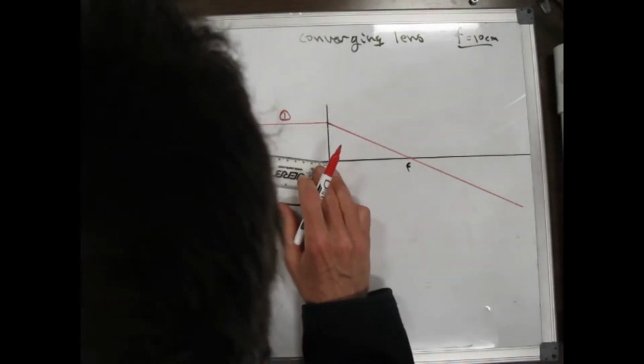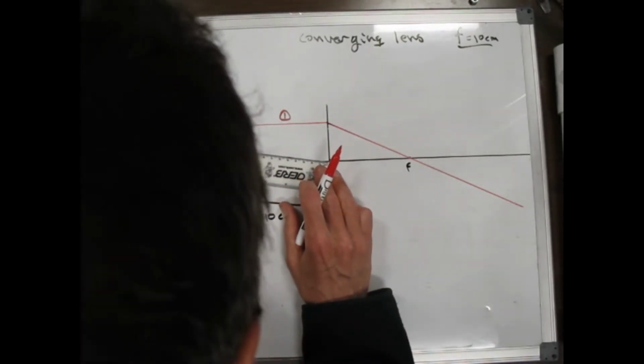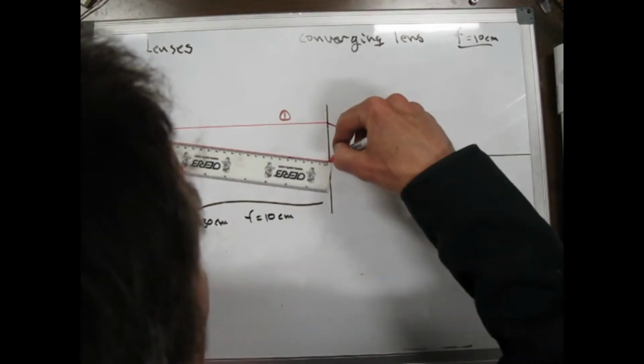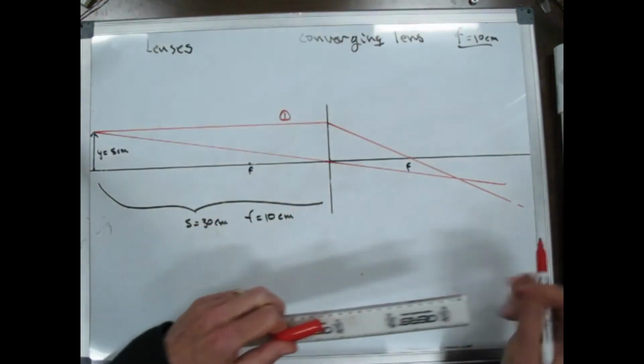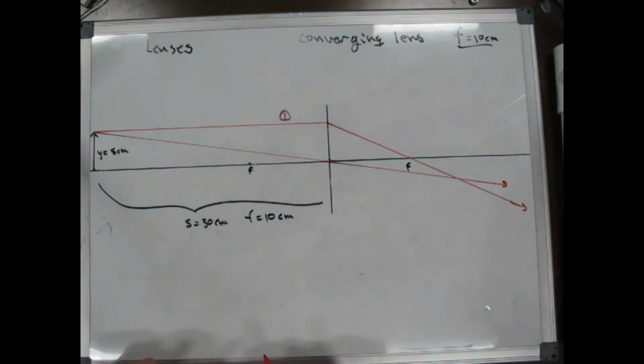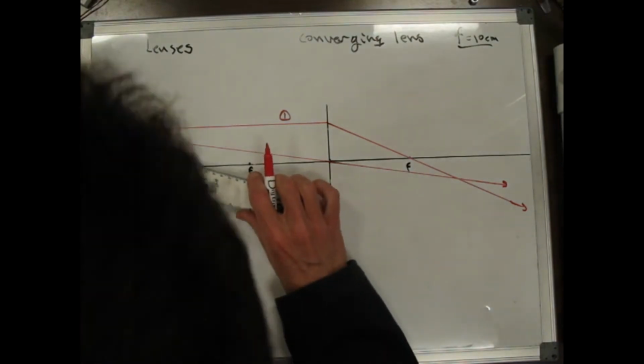And so now I can look for a ray through the center, and hopefully I can draw that. It's going to take me a couple of tries here, but roughly speaking, that's where the ray is. And you can see these two go off like that.